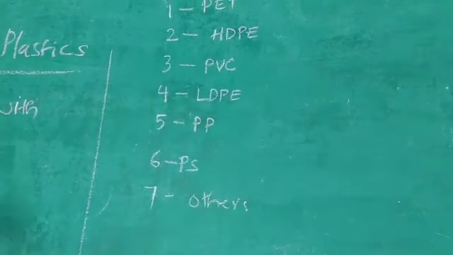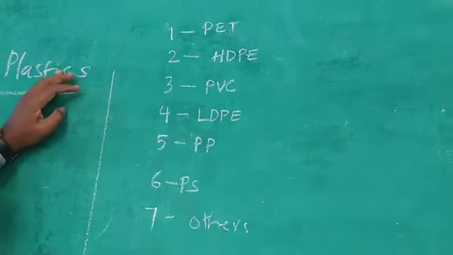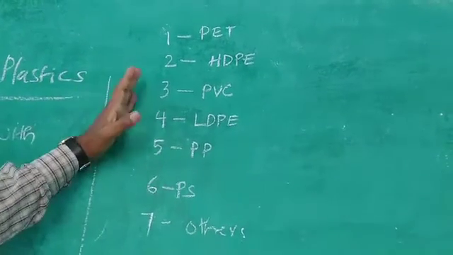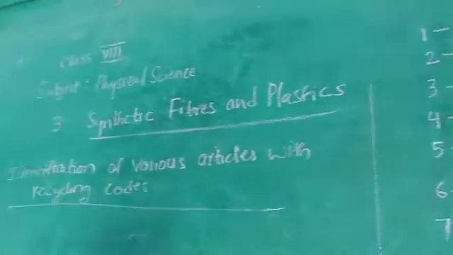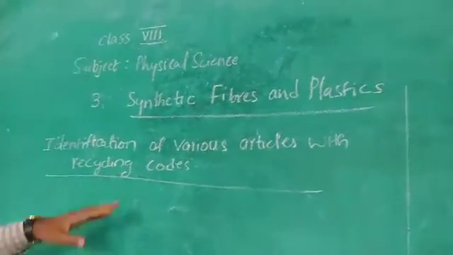Others means what? Others means a combination of 1, 2, 3, 4, 5, 6. In the last class we saw that. Now, identification of the various articles with the recycling codes.